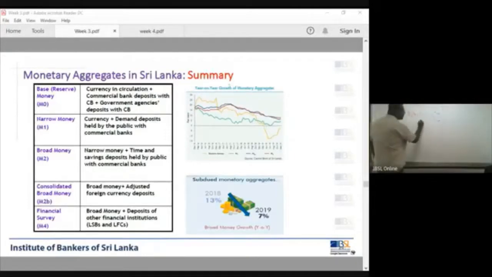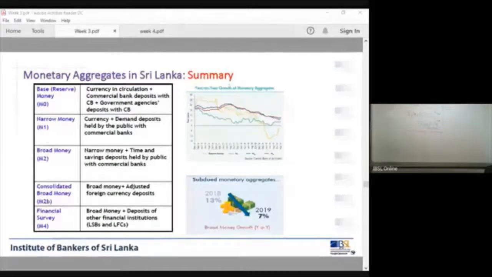The second component is what? Commercial bank deposits with the central bank. You can call it reserves. Remember? Reserves. So this is the first monetary aggregate, reserve money.